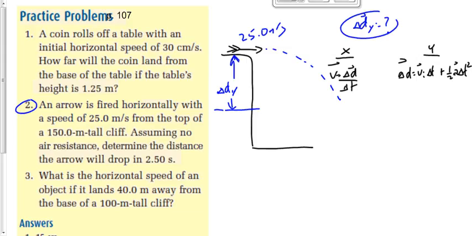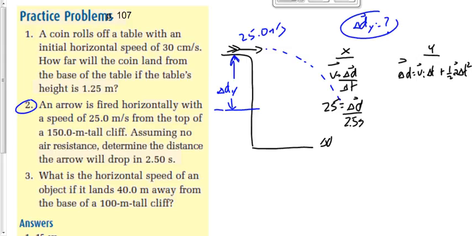Sub in our numbers. Do we know what v is for the x component? Emily, do we know what v is for the x component? Good, it's 25. So it hasn't changed a thing, right? 25 meters per second. Do we know what delta d is for the x component? Nope. Do we know what delta t is? Yeah, we do, don't we? 2.5 seconds.